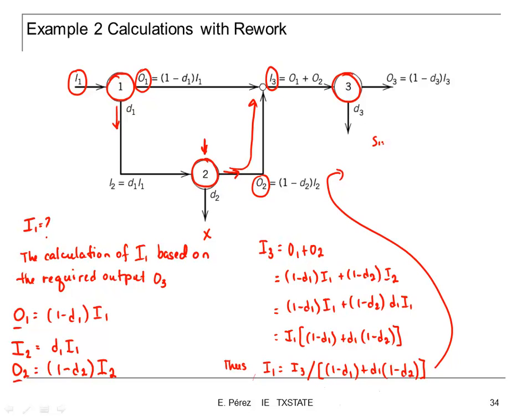And since we know that I3 equals O3 divided by 1 minus D3, I1 is going to be equal to O3 divided by 1 minus D3, times (1 minus D1 plus D1 times 1 minus D2).